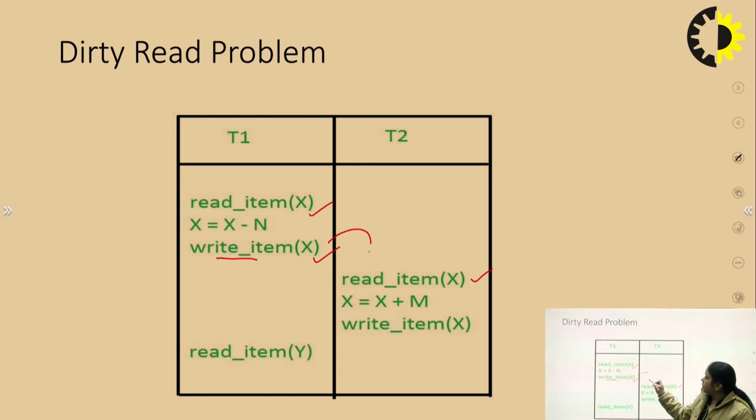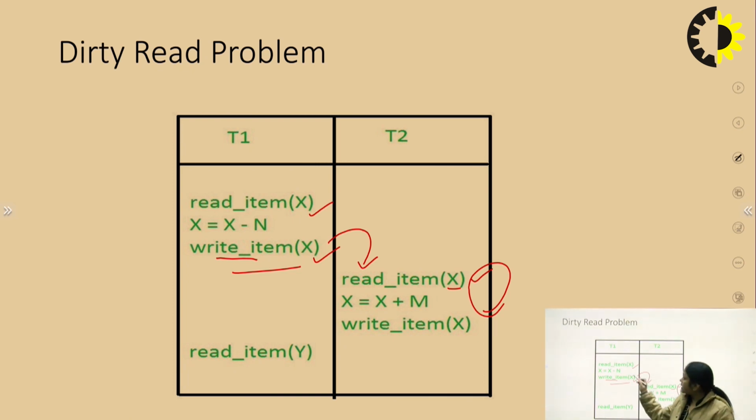So the value written by T1 is read by T2, but T1 is not committed. If there is any problem in this transaction or it fails, what will happen? T2 also has to roll back if T1 rolls back, because the value of X depends on T1. Then this is known as a dirty read problem.